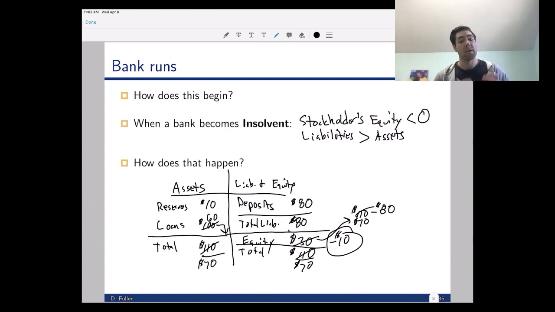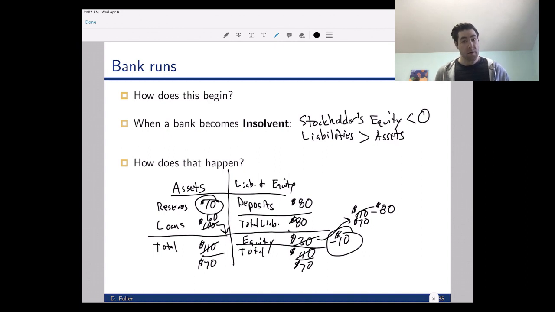When that happens, the depositors may become nervous about the bank, come to the bank and say, I want to take my money out and put it in another bank. I think you're going to go under. If everybody does that, the bank is going to be in trouble. They only have $10 million available. They'll run out of money. The bank run continues. At some point, the bank becomes completely insolvent and has to close.